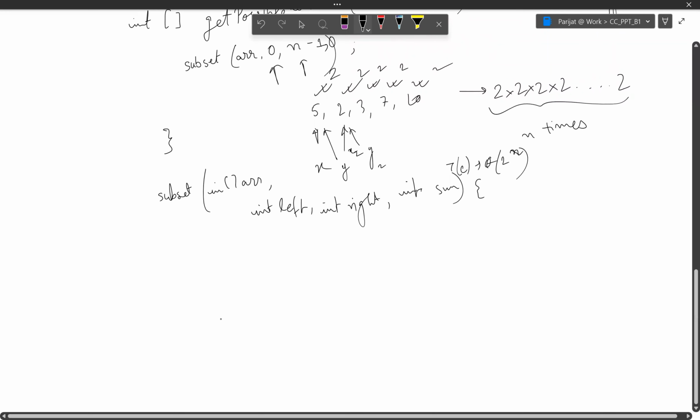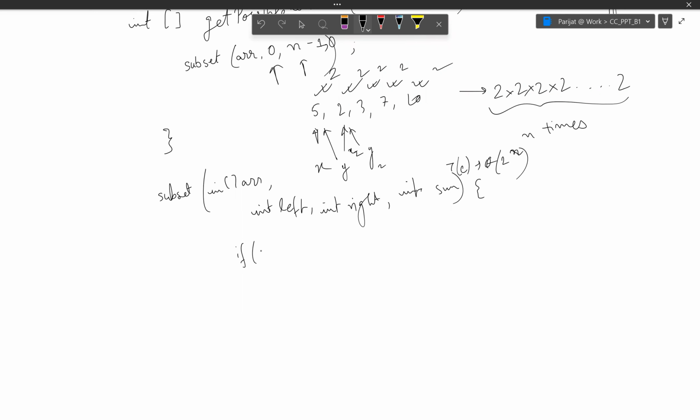So my stopping condition will be if the left is greater than the right, we will print the sum, or we will add it to a final array. We will call it, say, result, and result dot add sum, because we have completed.